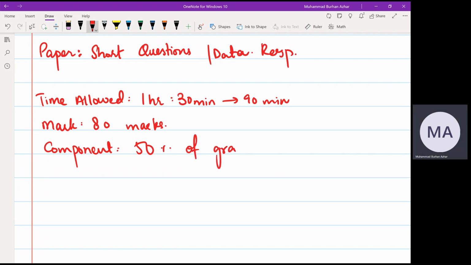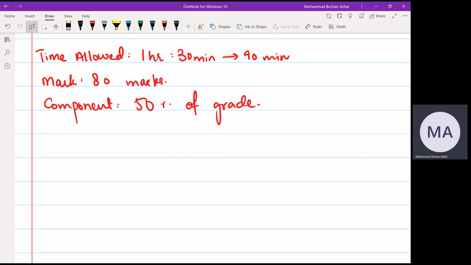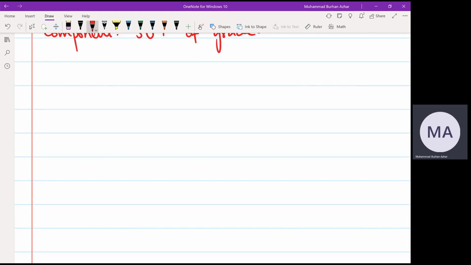So that means इसका it is equally important as your paper 2. Paper 2 we'll be touching in another video, but the purpose of this video is focusing on paper 1.